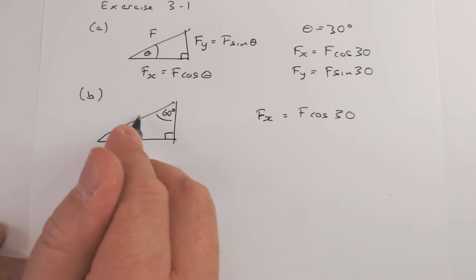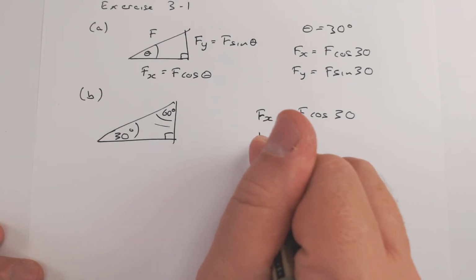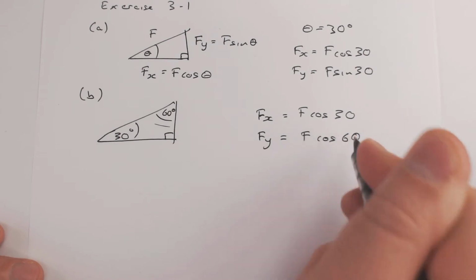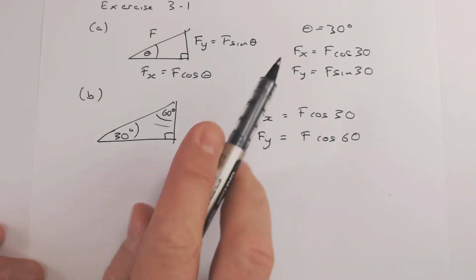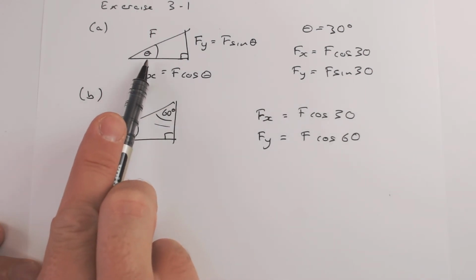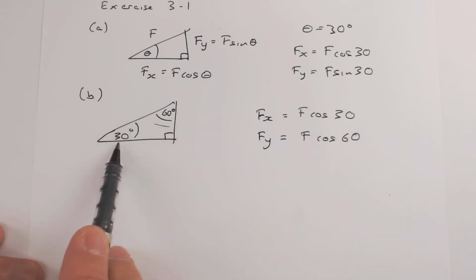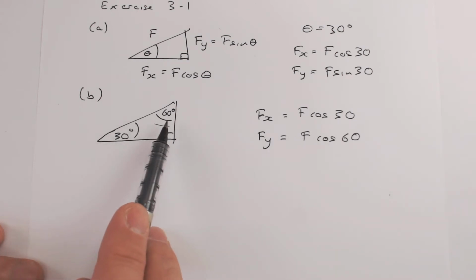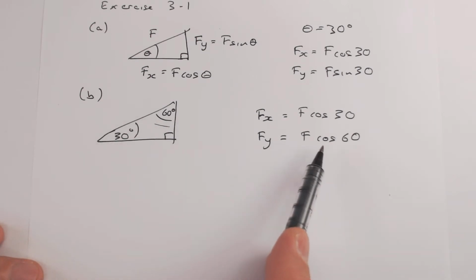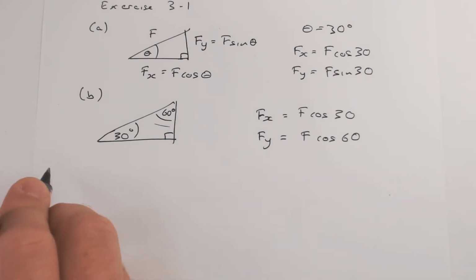That's my base, and I need to swing through an angle of 60. So Fy equals F cos 60. So that's using just this angle here, and here what we've done is we've completed the angles and we're using just coses. Okay, so the Fy is now F cos 60. Should give me the same result as sine 30.